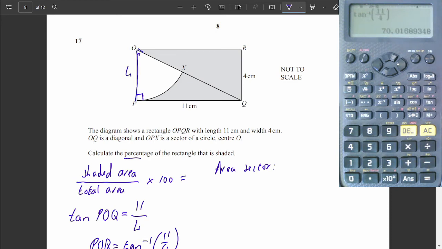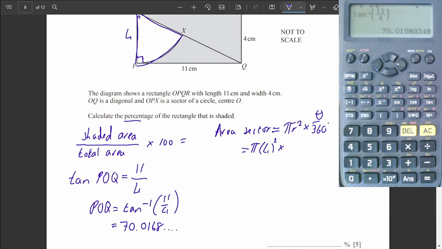The area of a circle is pi r squared, and then times the fraction of the circle we have in that sector, and that will be the angle divided by 360. So in this case, it's pi, the radius being 4 squared, times the angle we just worked out, 70.0168, over 360.